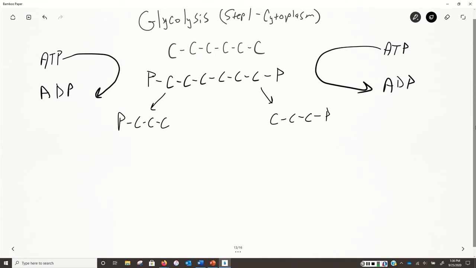Remember from our previous lecture, some phosphate is just floating around in the cytoplasm, not attached to anything. We called that inorganic phosphate. Well, that's what's going to happen here. The inorganic phosphate is going to come along and attach to the free end of that 3-carbon chain.